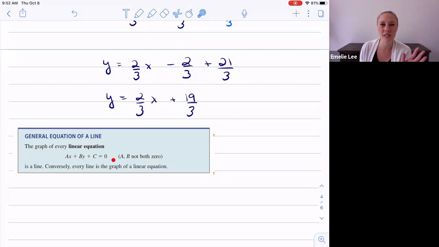And so we've seen this kind of setting things equal to 0 in the quadratics, in solving inequalities, right? And so this is the graph of every linear equation, right? If there's one x and one y and potentially a constant, and you're able to set them to 0, then this is a line, right?